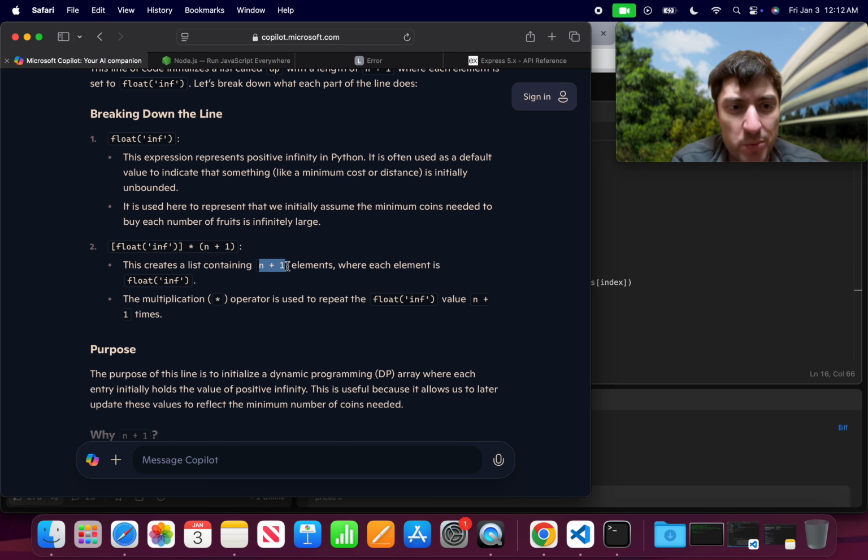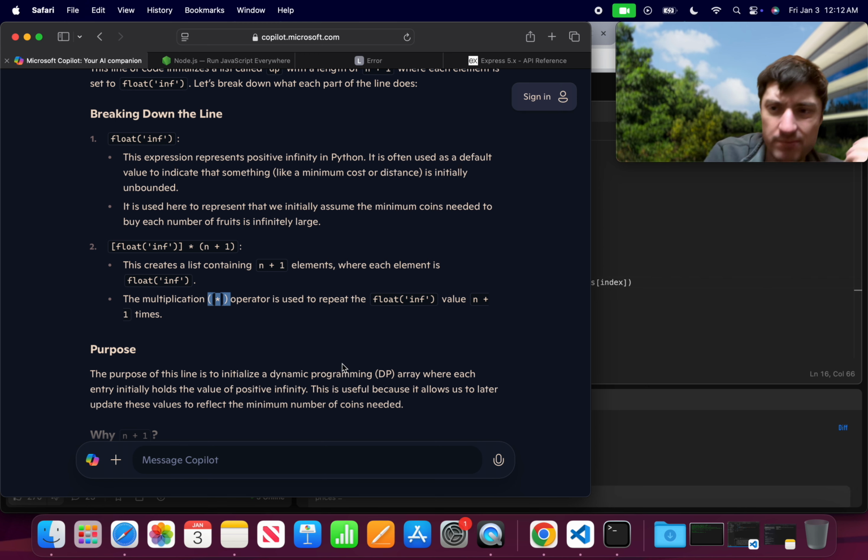So I can just multiply a list by some number, and it creates a list with that value repeated that many times. Okay, so the multiplication operator is used to repeat this value n plus 1 times.